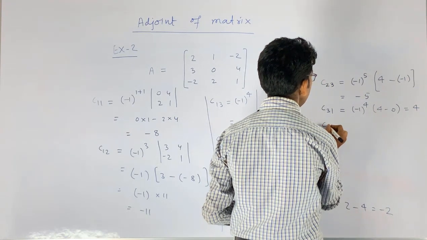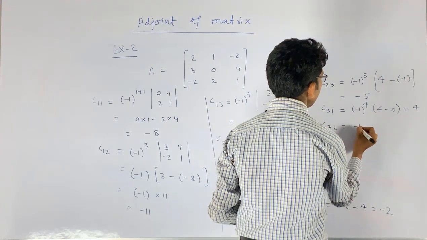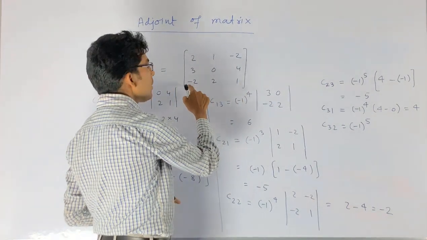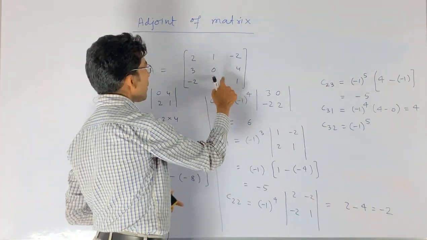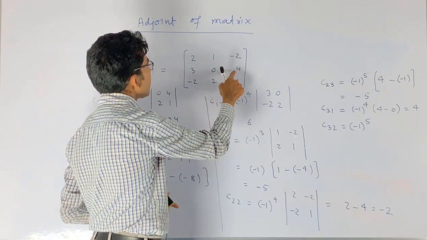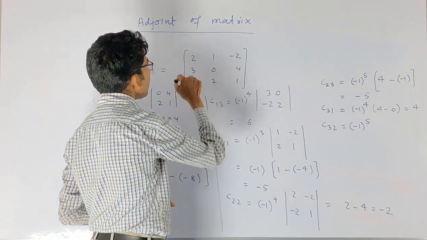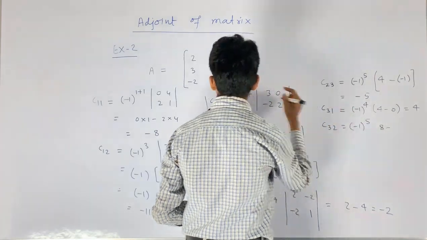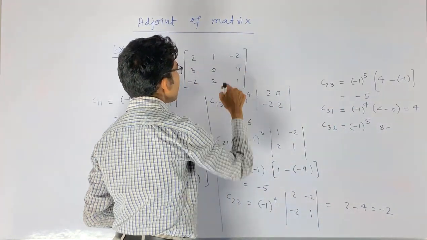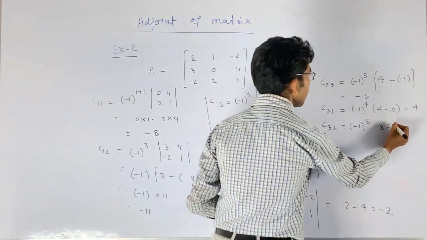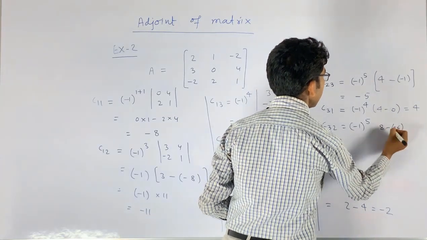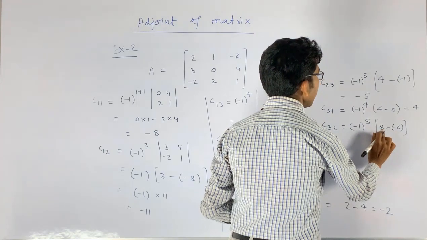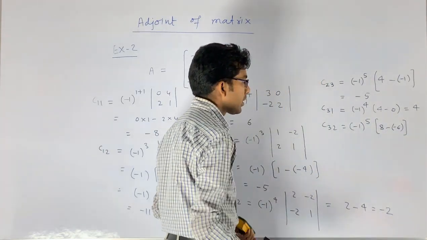C32, minus 1 to the power 5. So, delete the third row and second column. So, 4 into 2, 8, minus 3 into 2, minus 6. So this is equal to 8 plus 6, 14.